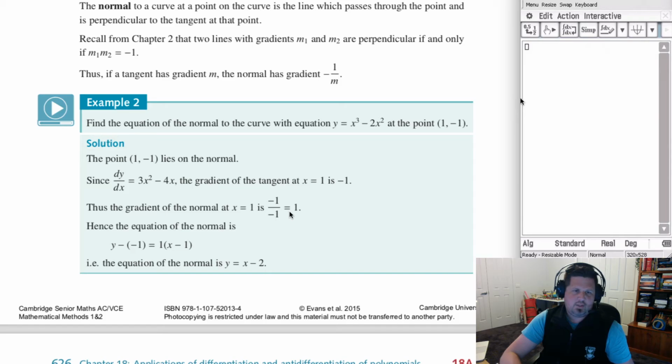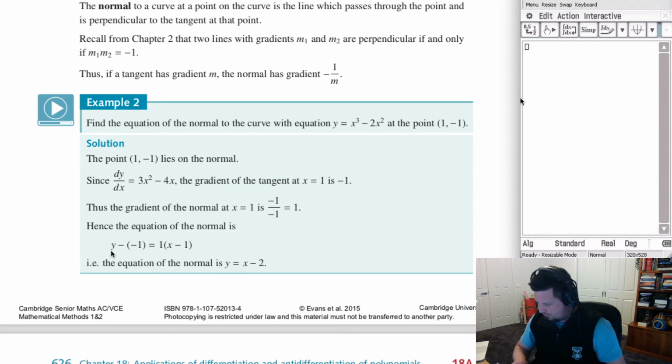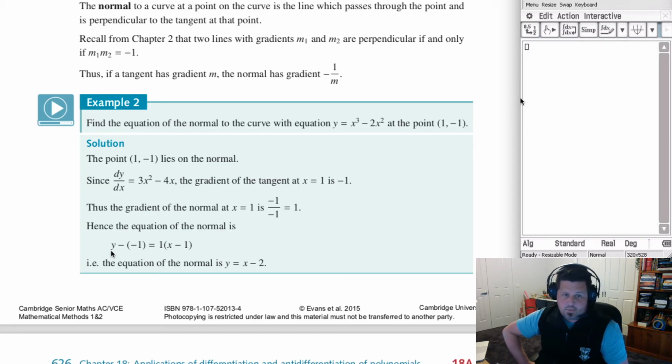Using the rule that we saw before, y take away y1 equals the gradient of the normal multiplied by brackets x take away x1. We're just substituting all the things that we know into that equation. y1 was -1, which I put in here.